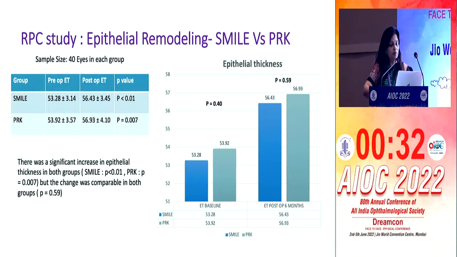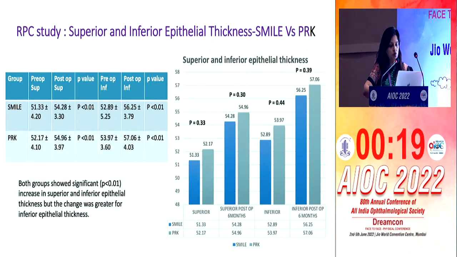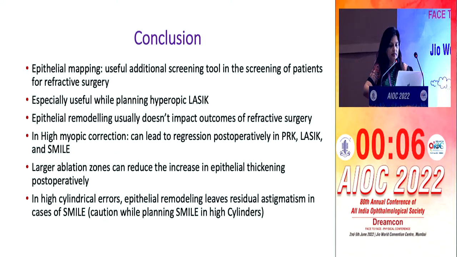Now we did a study where we compared, in a randomized controlled study, SMILE versus PRK, and our findings were also similar. There was a significant increase in both the groups, SMILE and PRK, but the changes were comparable in both the groups. And likewise, the superior and inferior epithelial thickness also showed that in both the groups there was increase in thickness, but the change was greater for inferior epithelial thickness.